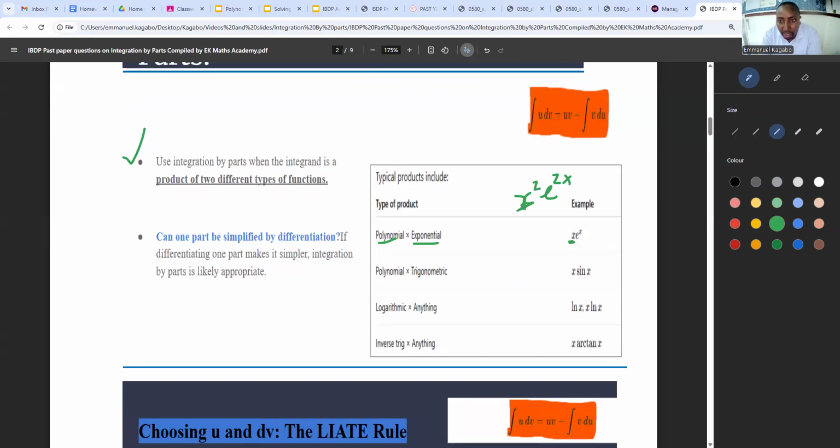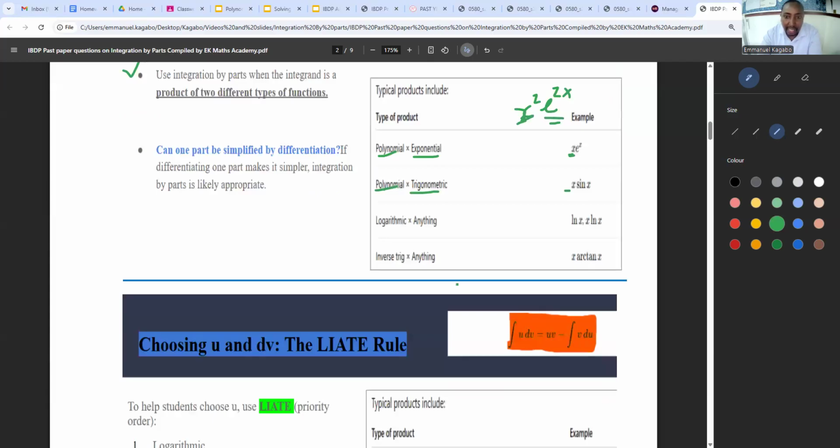This is a polynomial, and this is an exponential. Or when you are multiplying a polynomial and a trigonometric function, e.g. x sin x, or x squared sin x, or x cos x. Any value, as long as you're multiplying two functions, and one of them is a polynomial and the other is a trigonometric function.